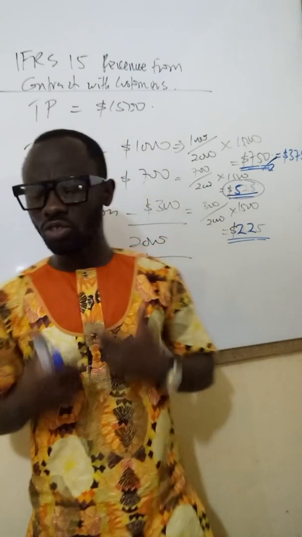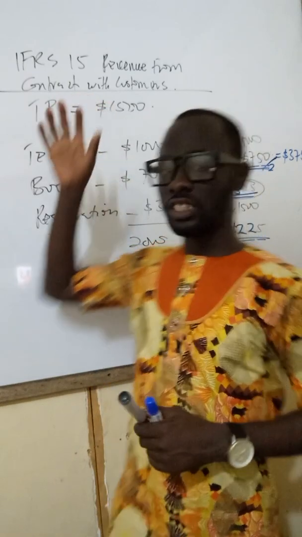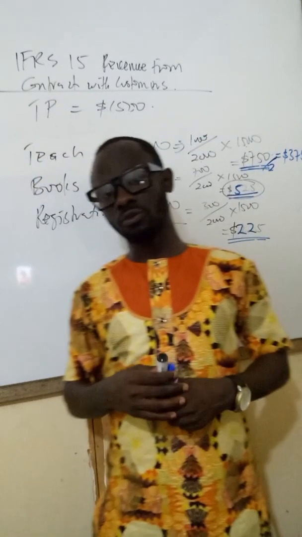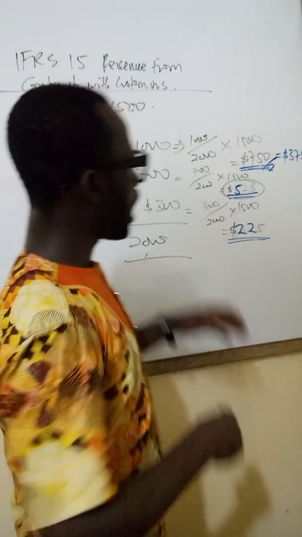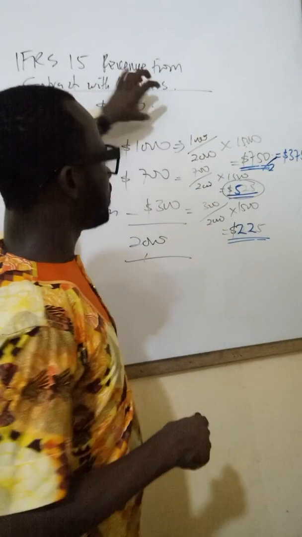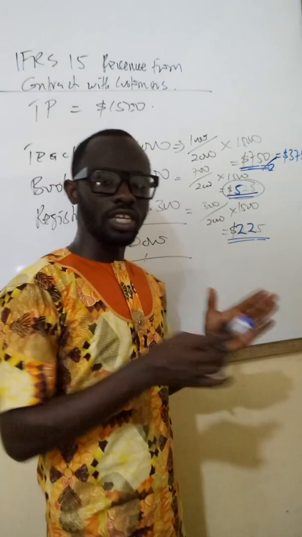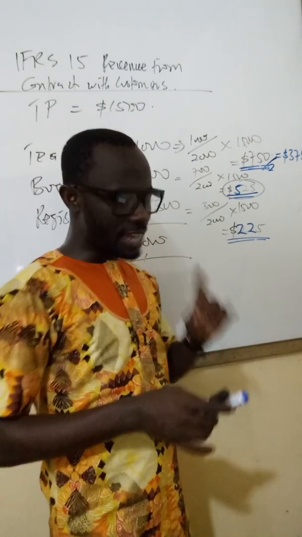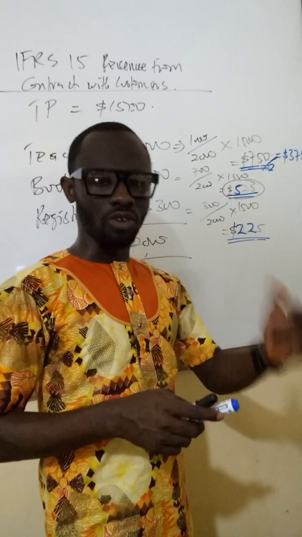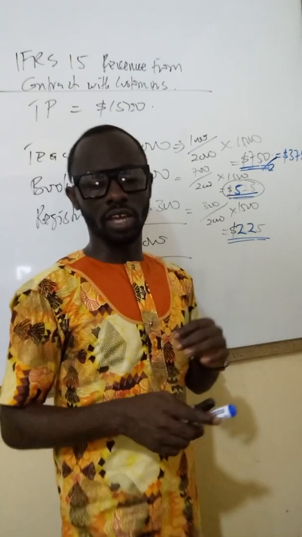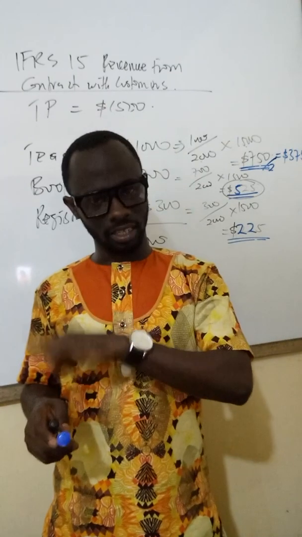So this is what you need to understand when it comes to using IFRS 15 to recognize revenue. Remember, we are allocating the transaction price to the various performance obligations using their standalone prices. Then the fifth thing is we recognize revenue as and when a performance obligation is undertaken or satisfied.